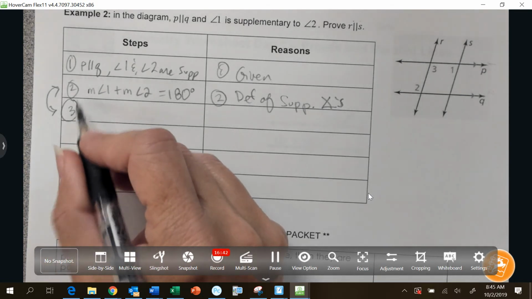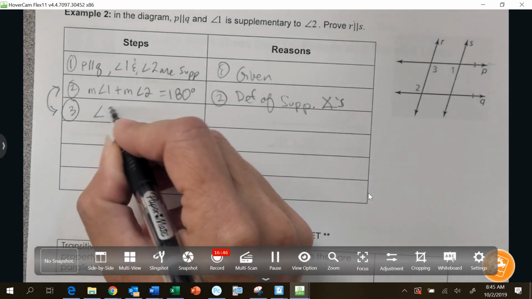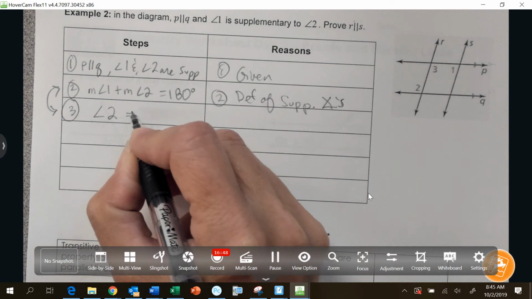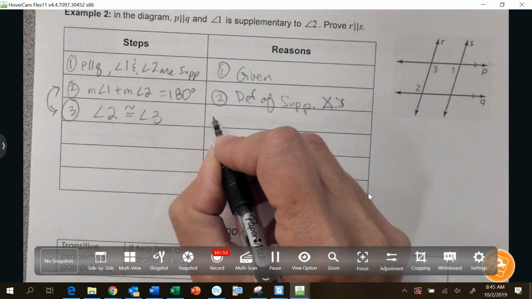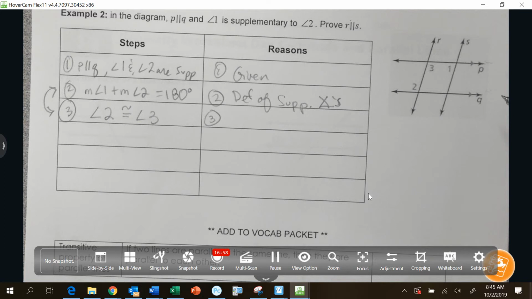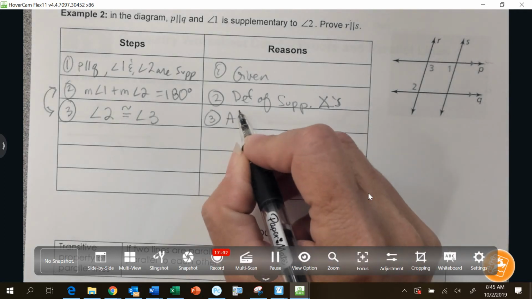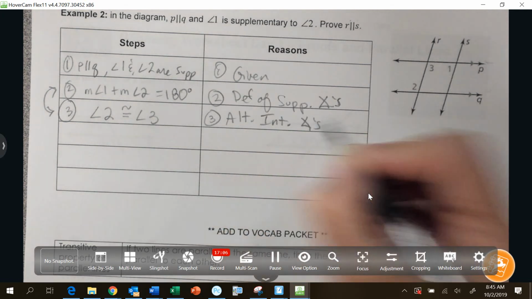Next, or it could have been first, 2 or 3. Some of you said angle 2 is congruent to angle 3. What? How? Alternate interior. So let's look at that. Look at alternate interior right here.